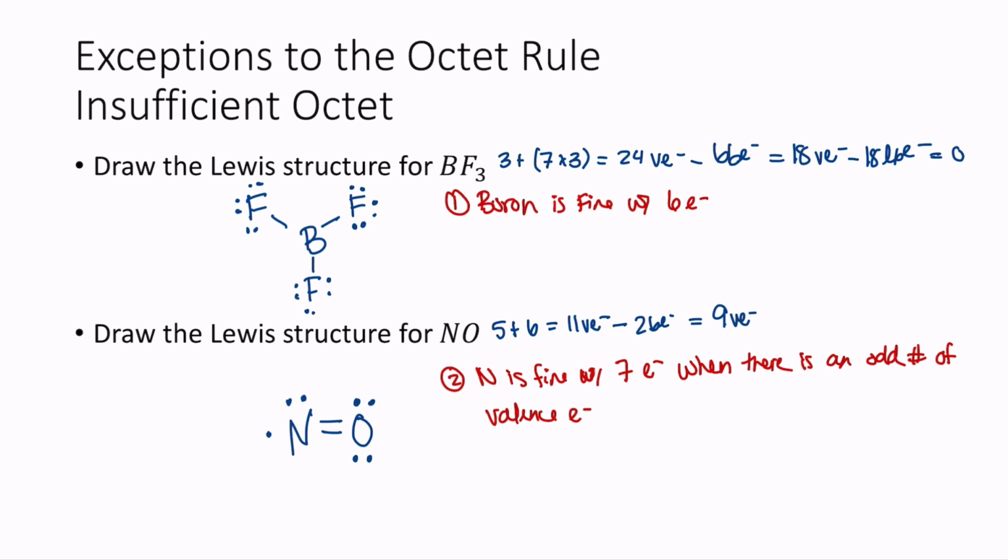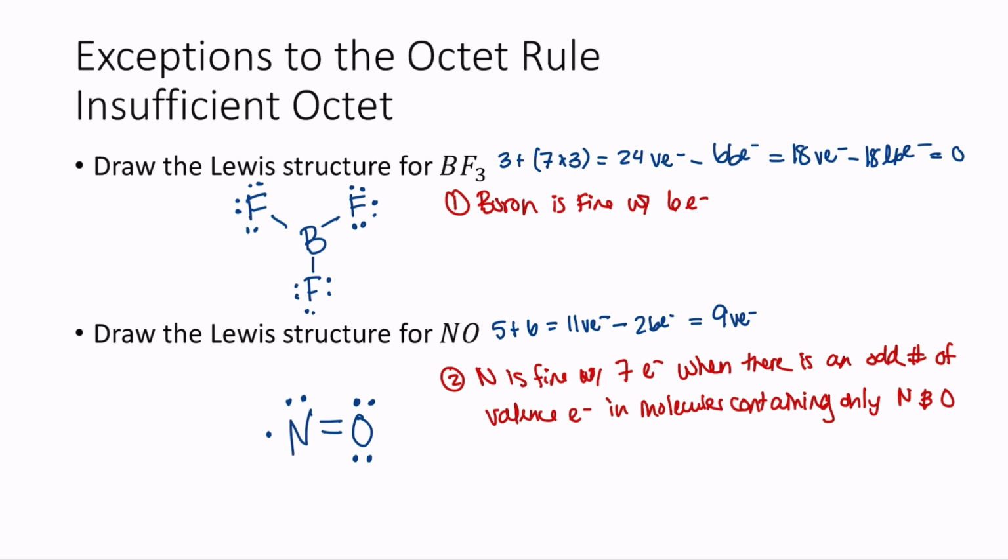So nitrogen is fine with 7 electrons when there is an odd number of valence electrons in molecules containing only nitrogen and oxygen. And notice that the formal charge on both nitrogen and oxygen in this Lewis structure is 0. Nitrogen has a formal charge of 0. Oxygen has a formal charge of 0.